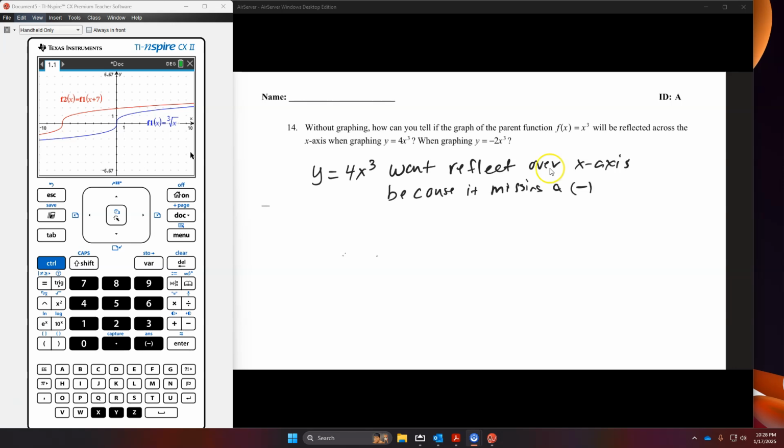Now, in contrast to this one, that negative is there, so that means it is going to reflect over the x-axis. So here you would write y equals negative 2x cubed will reflect over the x-axis.